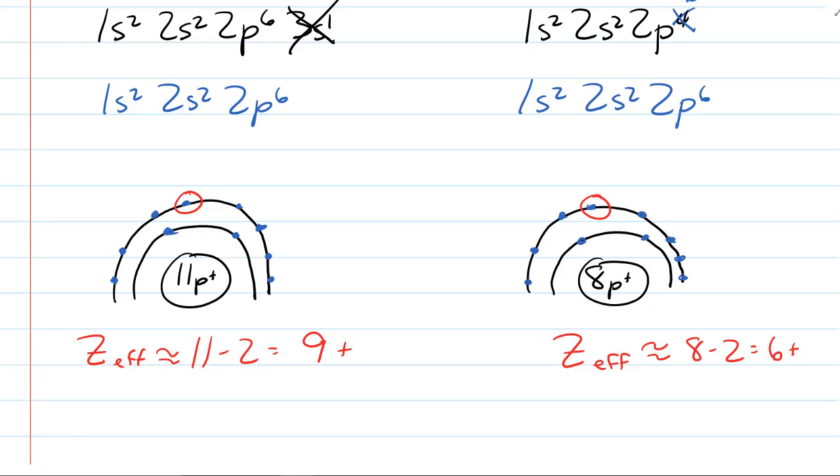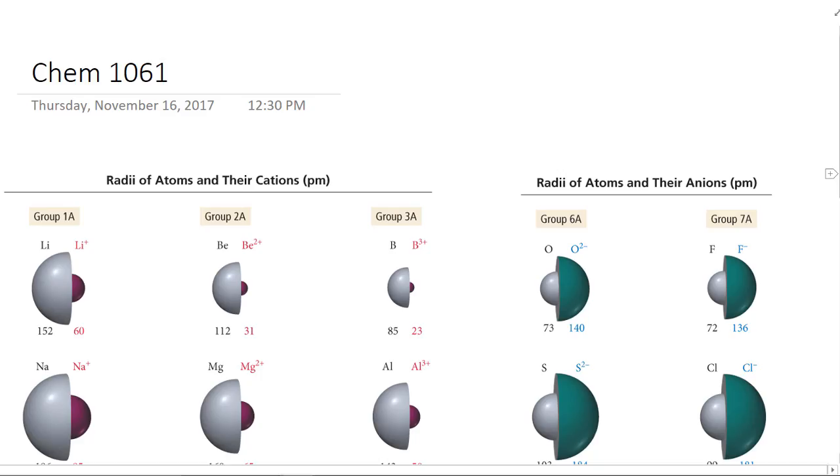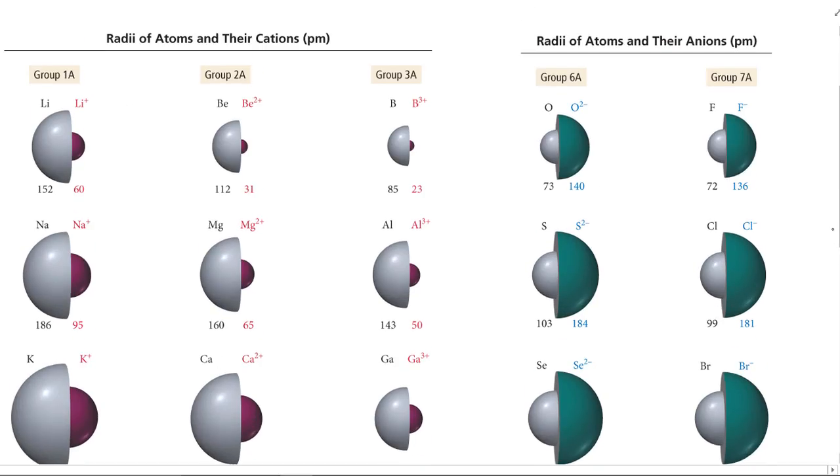So moving on into your text here, we have the radii of atoms versus their cations and atoms versus their anions. If we looked at sodium as an example, this on the left-hand side represents the neutral atom. On the right-hand side represents the size of the ion.